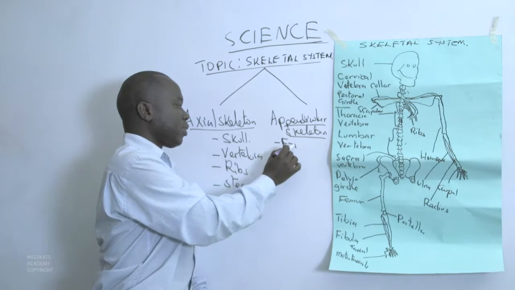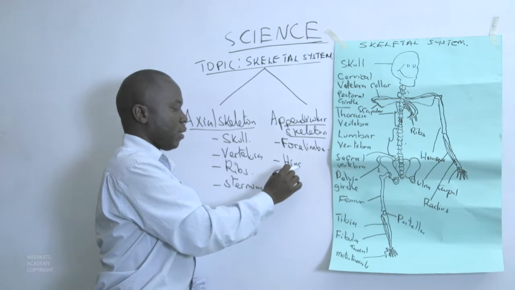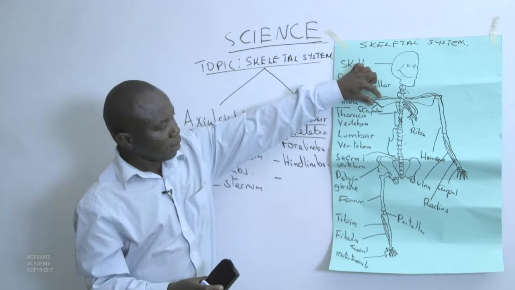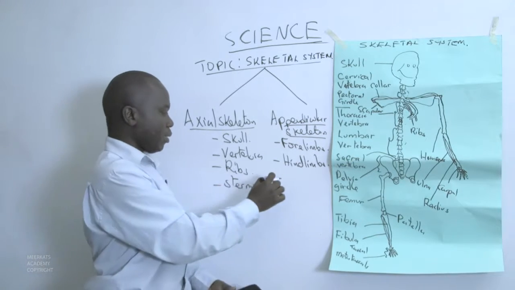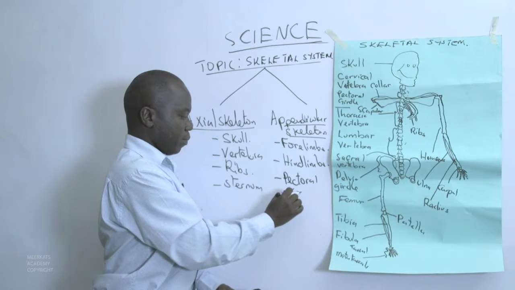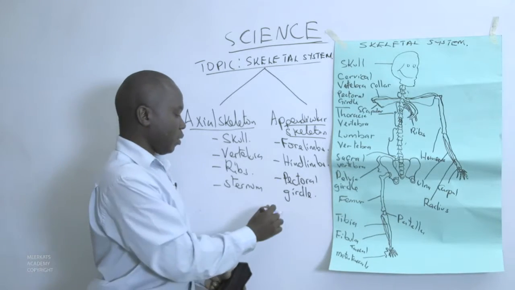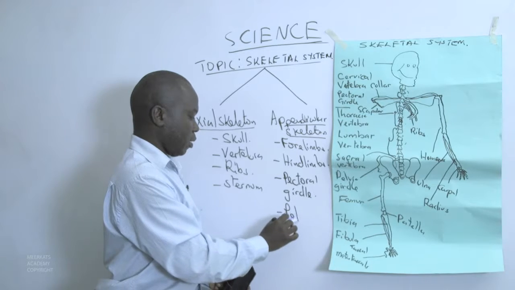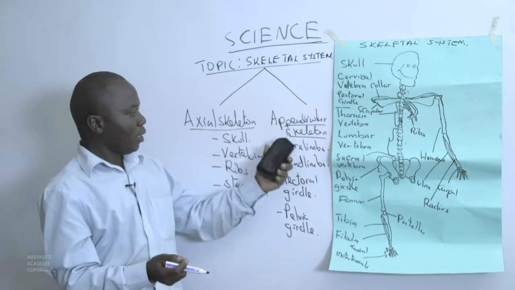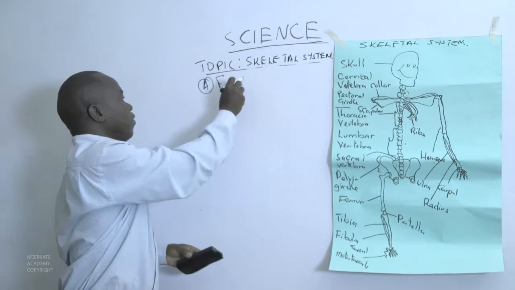We have the forelimbs, we have the hind limbs, we have this part made up of collar and scapula called the pectoral girdle, and then this part that holds the hind limbs called the pelvic girdle. So in our main lesson, we are going to concentrate on these four limbs.